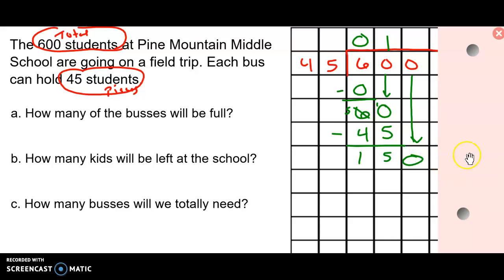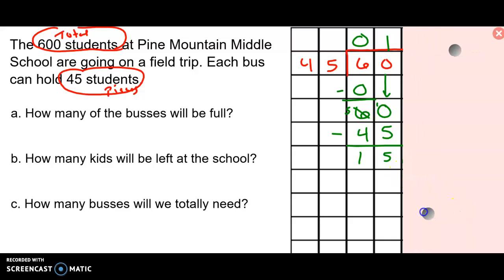All right. Now, I need to know how many 45s go into 150. I have no clue. So I'm going to cover up that last digit. Boom. And I'm going to cover up the last digit of the 45. How many 4s go into 15? Well, 4 times 4 is 16. That's too big. So how about 4 times 3?